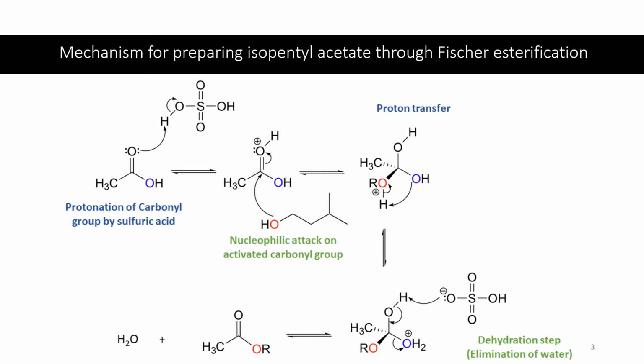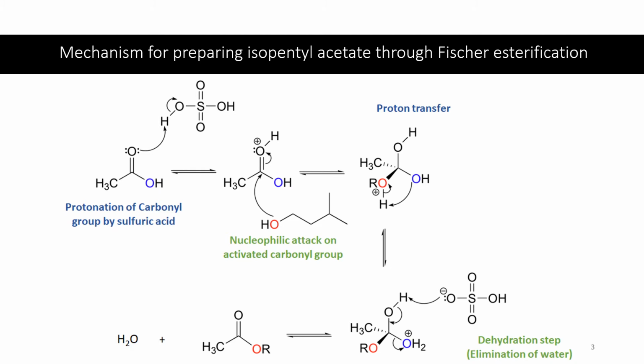In this slide, we're going to look at the reaction mechanism for the Fischer esterification between acetic acid and isopentyl alcohol. So what happens is the sulfuric acid will help activate this oxygen on the carbonyl group of acetic acid by protonating it.